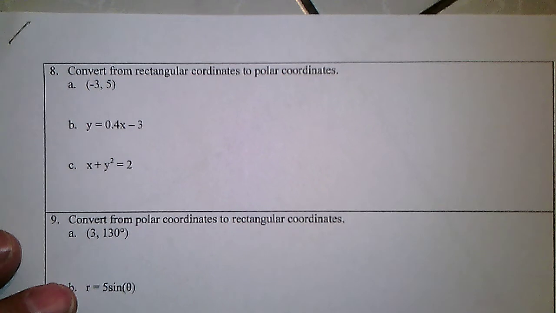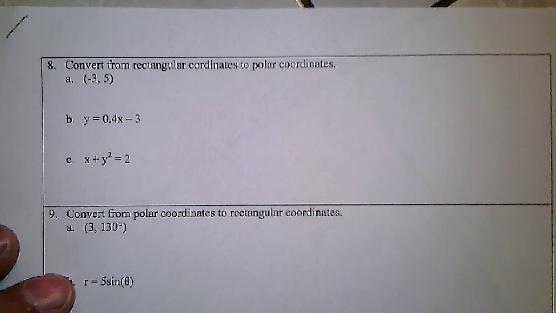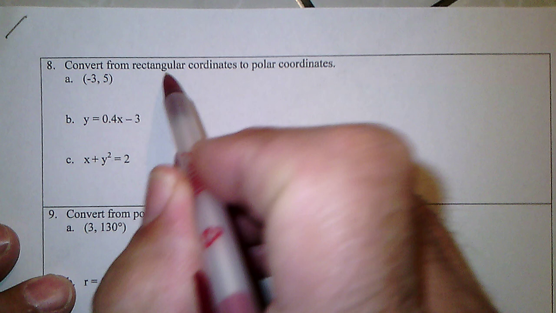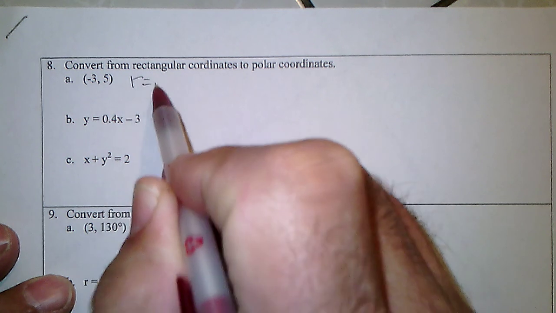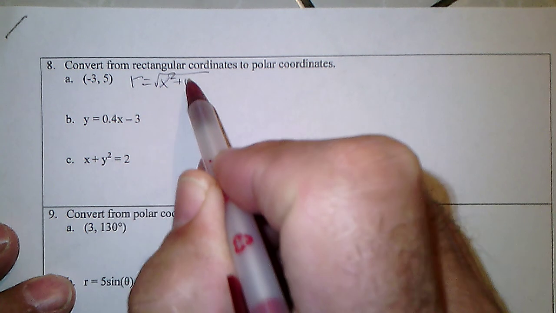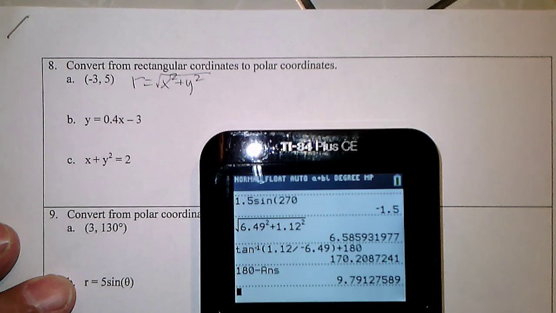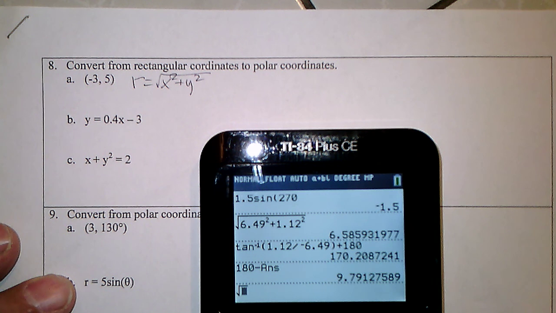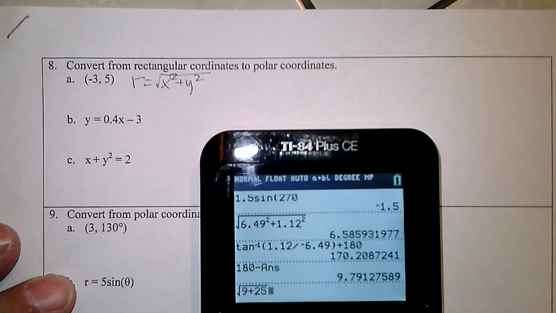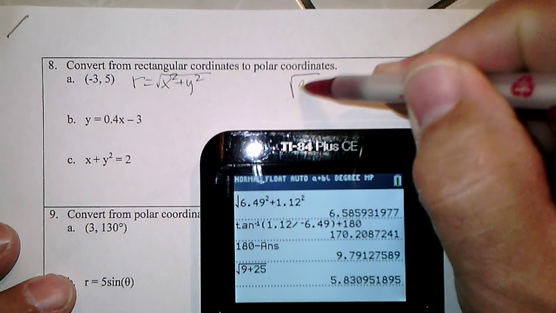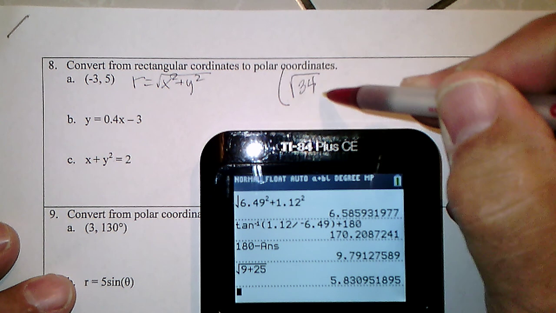Convert from rectangular coordinates to polar. So that's x and y. So r is equal to the square root of x squared plus y squared. So we get square root of 9 plus 25, which is 5.83, or the square root of 34, the exact value.